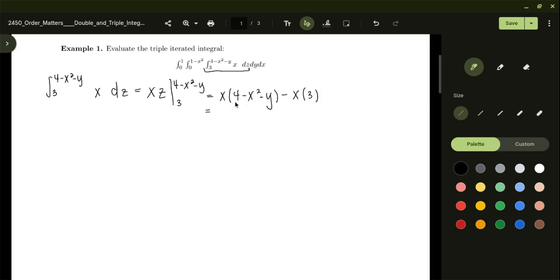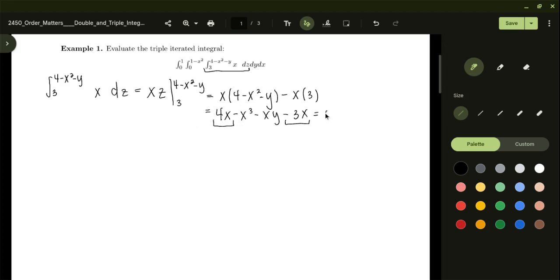Now we simplify this expression by distributing and then combining any like terms. When we distribute this first x, we get 4x minus x cubed minus xy, and then minus 3x. Combining like terms, the only things that can be combined are this 4x and negative 3x.